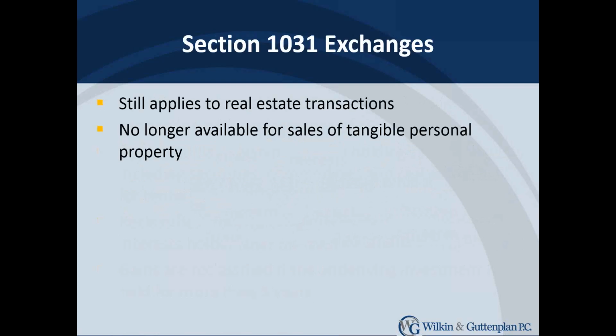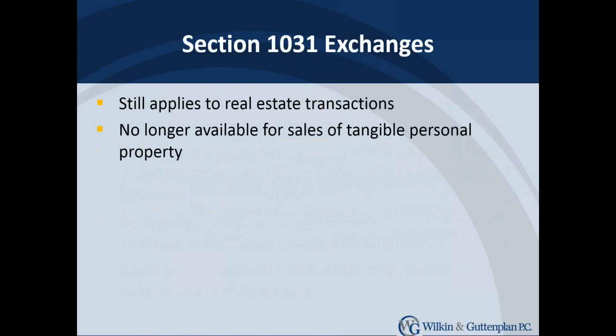Where they did take something away from us is that 1031 exchanges no longer apply to the sales of tangible personal property. So how might this impact the real estate industry? Take a hotel, for example. When you sell a hotel, not only are you selling the real estate, but you're also selling furniture and fixtures. And those furniture and fixtures no longer qualify for tax-deferred treatment when you roll it into the next property.